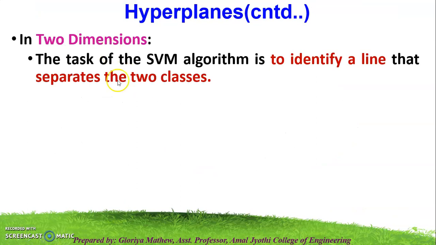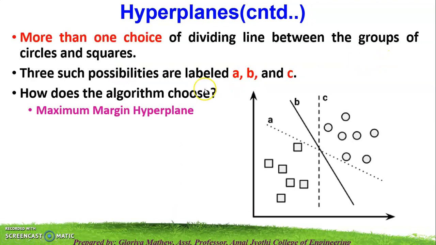In two dimensions, the task of the SVM algorithm is to identify a line that separates the two classes. Consider this figure, which classifies the squares and circles into two different classes. In this figure, we can see that different lines can separate these two classes.